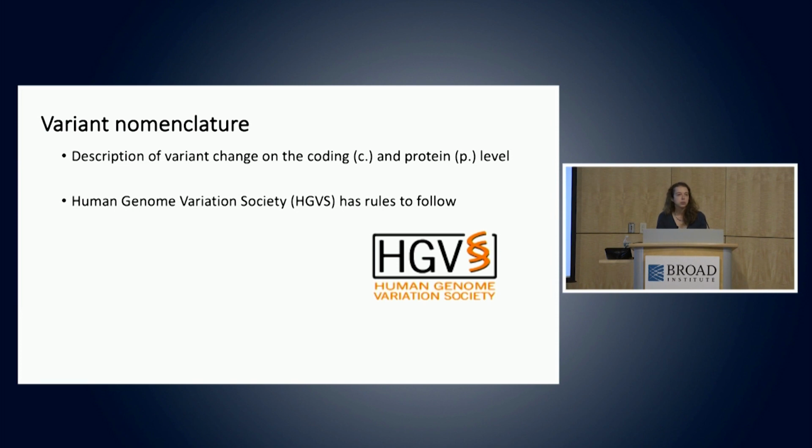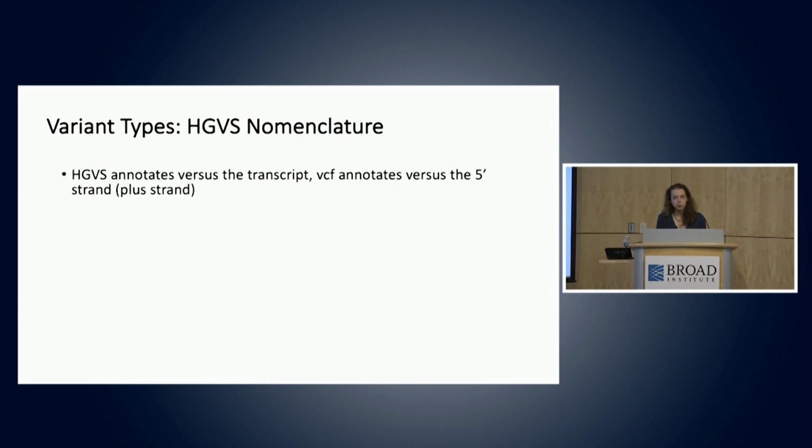So we use these two types of nomenclatures, VCF nomenclature, but the other is the Human Genome Variation Society, or HGVS nomenclature. And that's the more common one clinically that we'll see. It's the c. that explains the DNA change, and the p., which is the amino acid change. And there's a lot of rules that we follow with these nomenclatures.